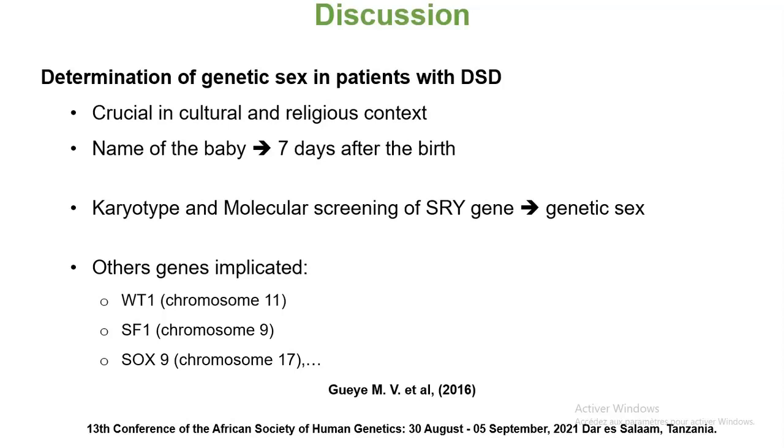In addition to the SRY gene on the Y chromosome, other genes localized on autosomes have been implicated in sexual development, genes like WT1 localized on chromosome 11, SF1 localized on chromosome 9, SOX9 on chromosome 17, and other genes. These genes may need to be screened.